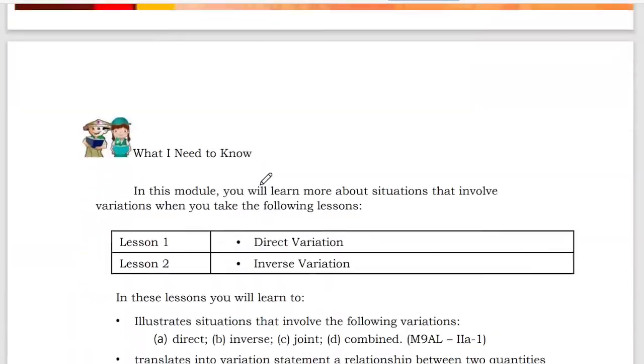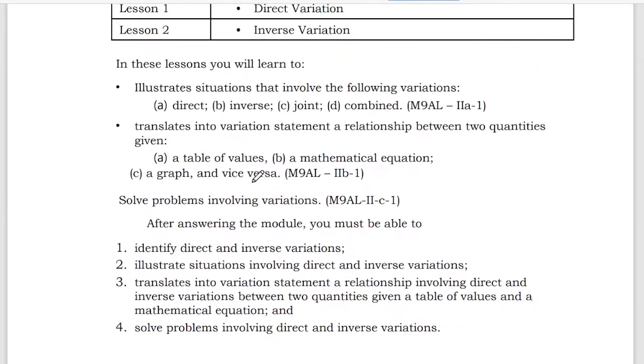Before that, we have these competencies: to be able to illustrate situations that involve variation, specifically inverse variation. Next is to translate into a variation statement a relationship between two quantities given a table of values, a mathematical equation, or a graph, and vice versa. Another is to be able to solve problems involving variation.